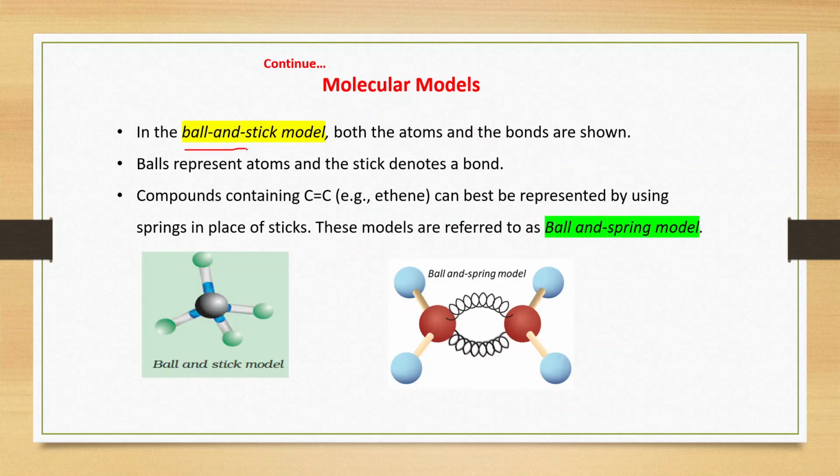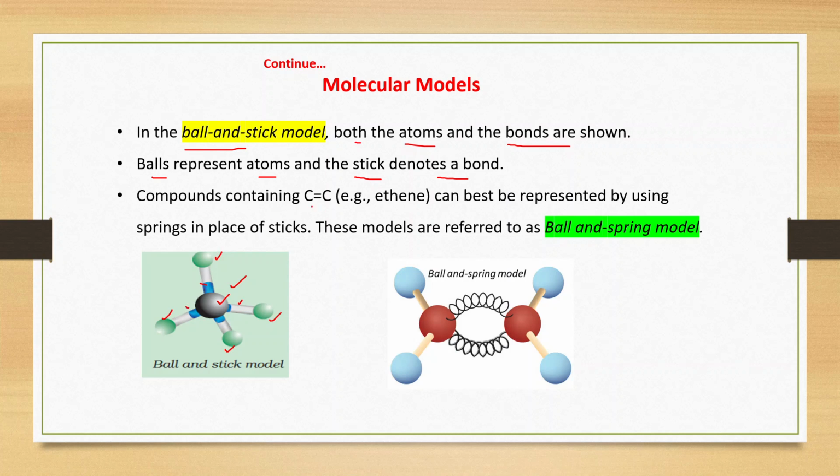In the ball and stick model, both the atoms and the bonds are shown. Balls represent atoms and the sticks denote bonds. See this. This is the ball and stick model of methane, CH4. This is the carbon and these are the hydrogen atoms, and these sticks represent the bonds between carbon and hydrogen.